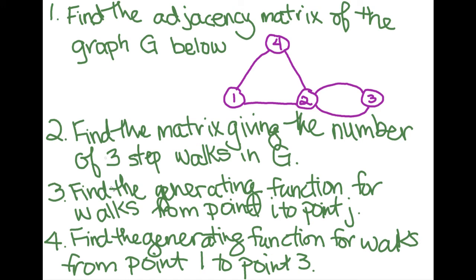And so the final 2 parts are a little bit more complicated, so I'm not going to go into all of the details like I did with parts 1 and 2. I just want to show you what these objects are, these generating functions. We won't go into all of the details of exactly how you would build them. I just want to show you what it looks like.